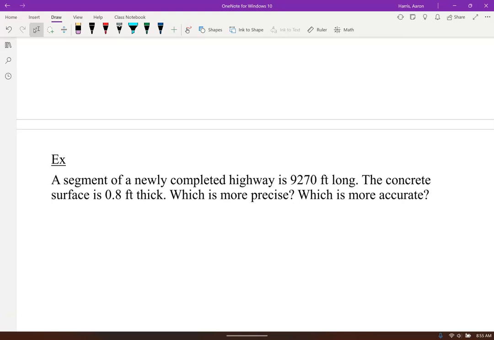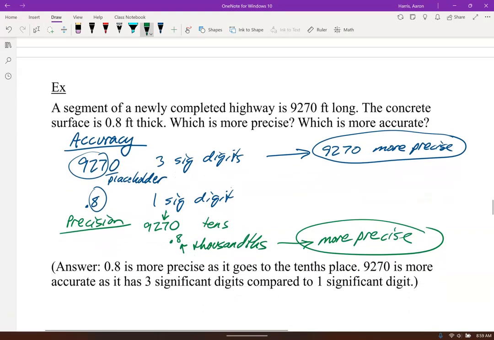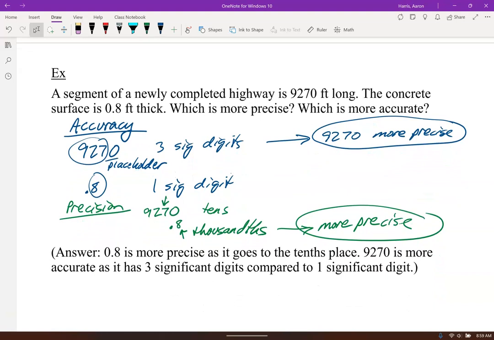All right, why don't you guys try this one? So the 9270 has 3 significant digits. The 0 there is just a placeholder. And the 0.8 only has 1, so the 9270 is more accurate.